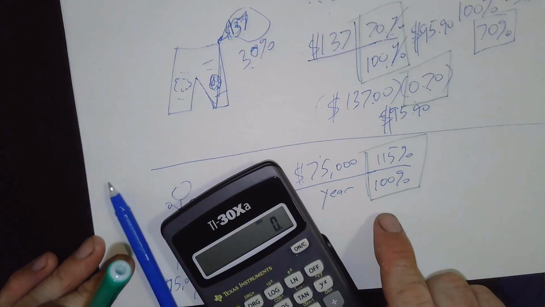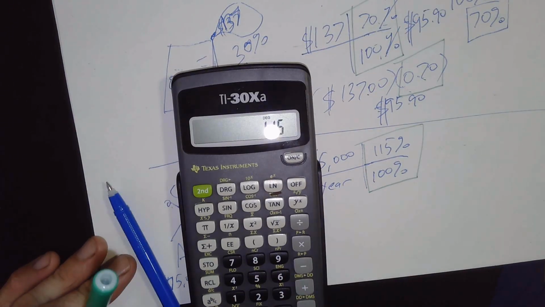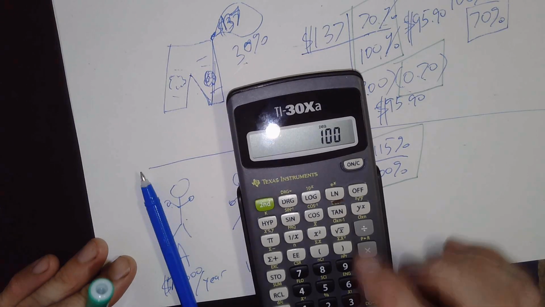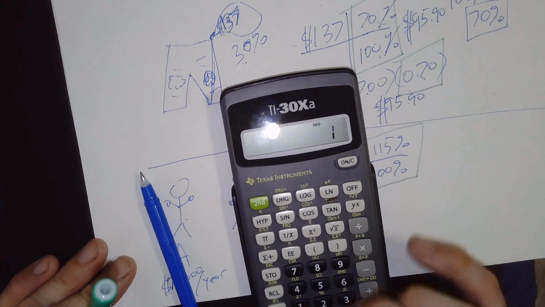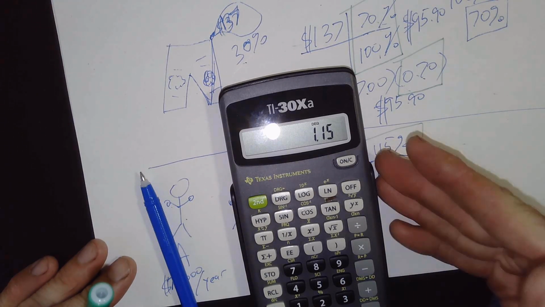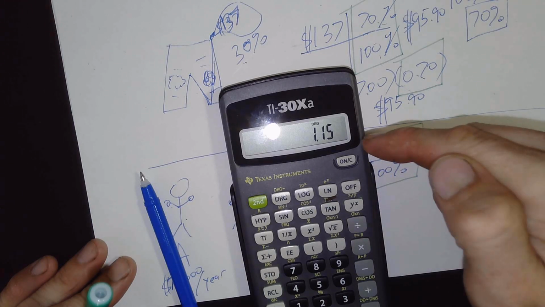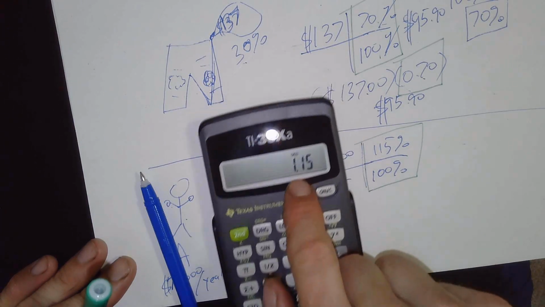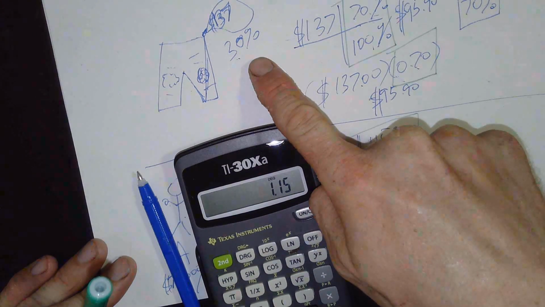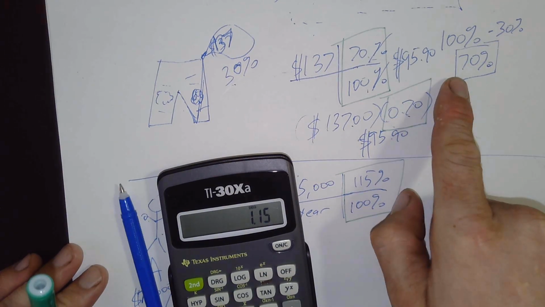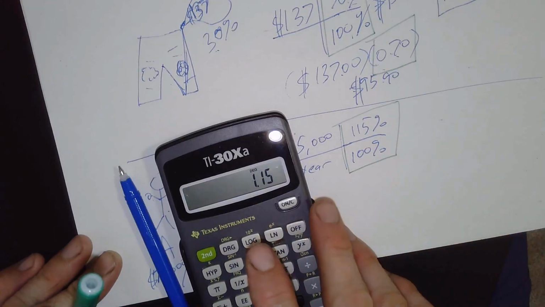Either way, if you do the green part first, you get 1.15, because 115 divided by 100 is 1.15, right? So that's the percentage. If you're above 100%, you have to add the percentage, 15%, to the 100%. If you're taking something off, you have to subtract it from 100% to figure out how much you're actually paying. That's a little difference in what goes on here.